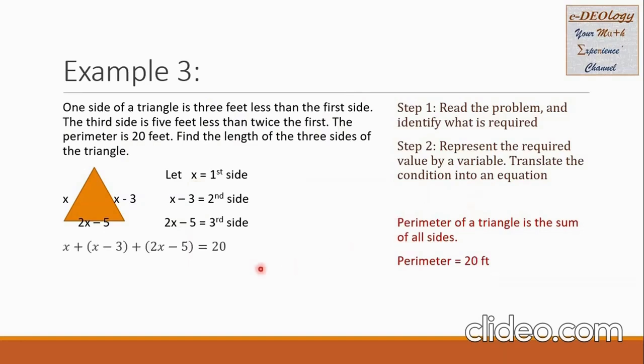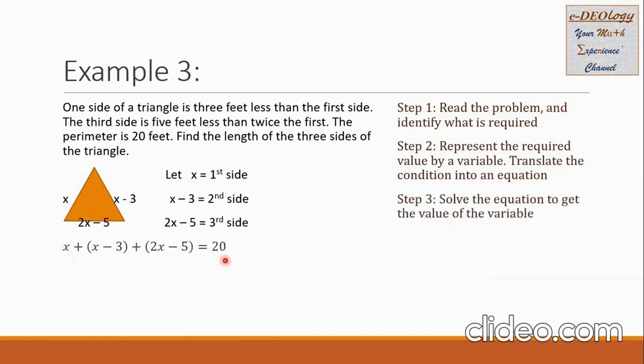It means we're going to add the 3 sides. X, the first side, plus the second side, which is x minus 3, plus the third side, 2x minus 5, equals the total, 20. That is the perimeter.